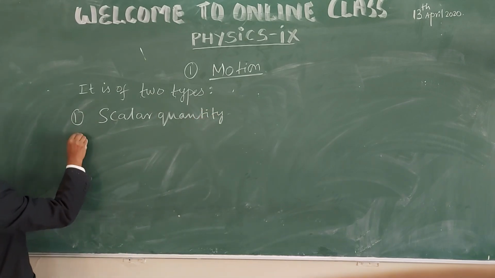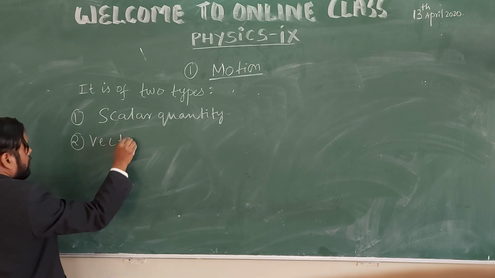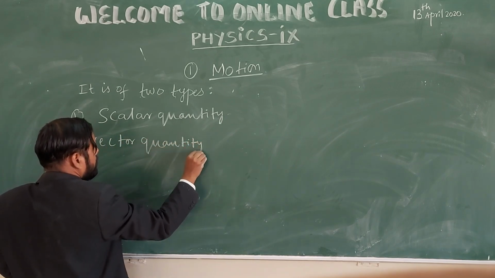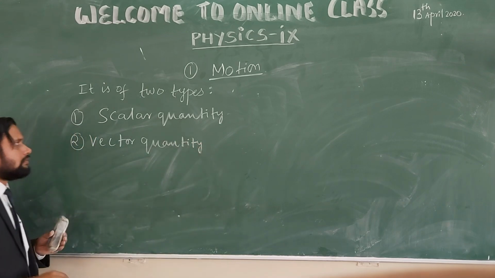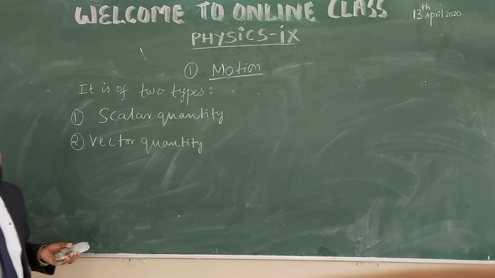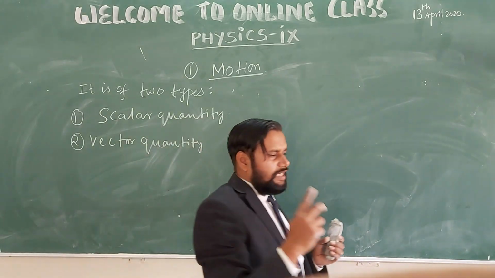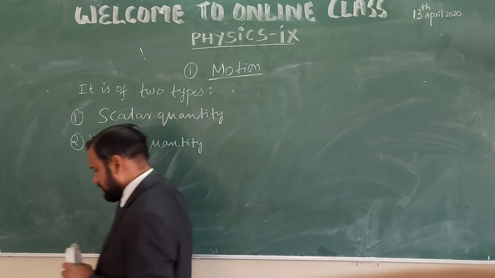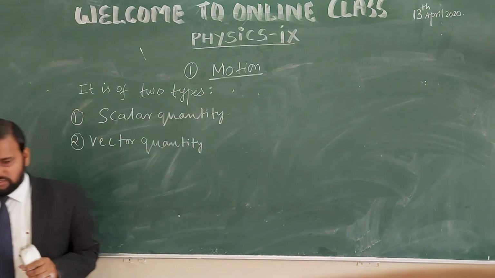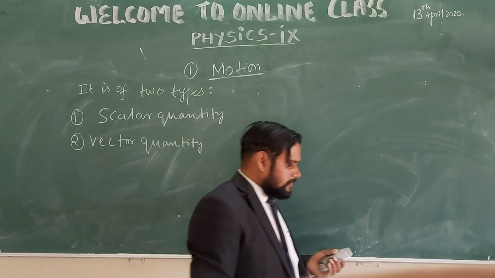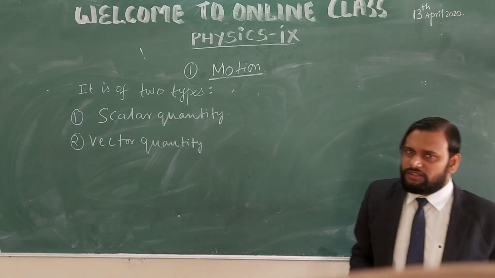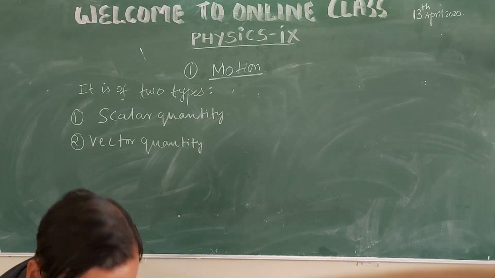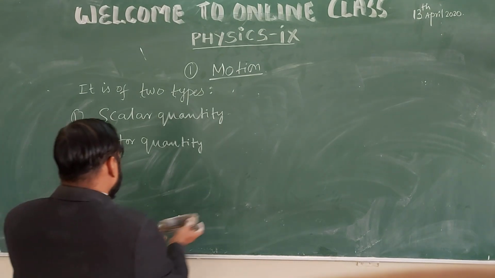Number two, vector quantity. So the physical quantities are of two types. The first one is scalar quantity and the second one is vector quantity. Now we are going to define what is scalar quantity. So now write the heading scalar quantity.